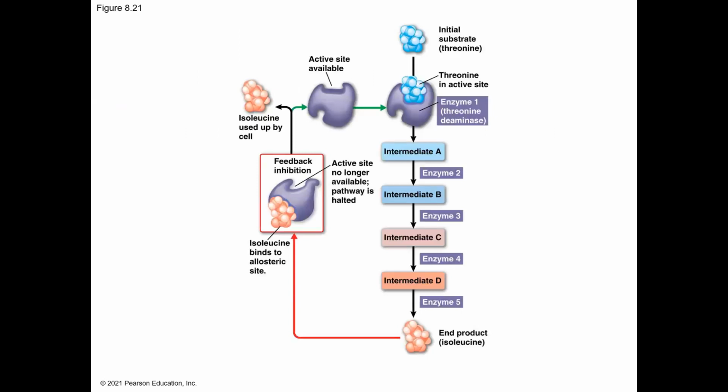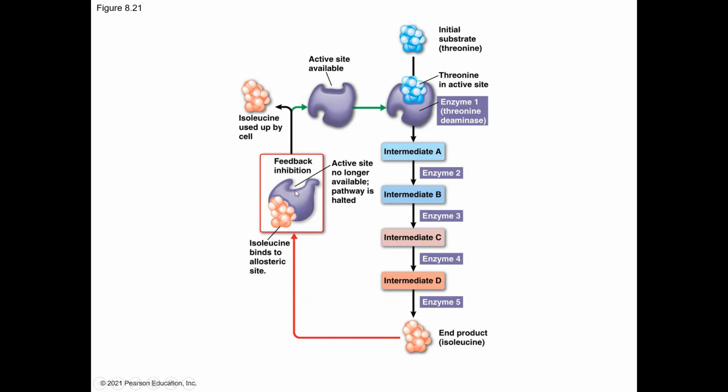So in this example, you have a substrate, and that substrate binds to the enzyme, and it will go through a series of chemical reactions, creating an end product. When you create that end product, it actually will bind back to the enzyme, changing the shape.